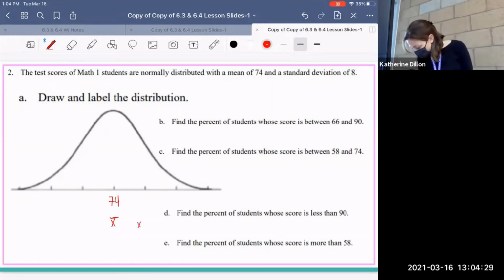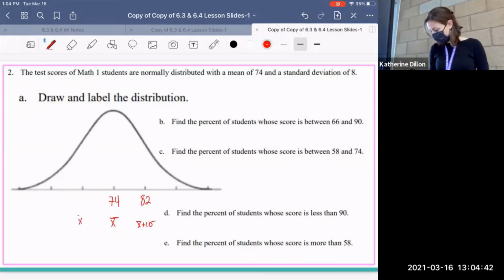So if I want to find the mean plus 1 standard deviation, I'm going to do 74 plus 8, and I get 82. If I want to find the mean minus one standard deviation, I do 74 minus 8, and I get 66.